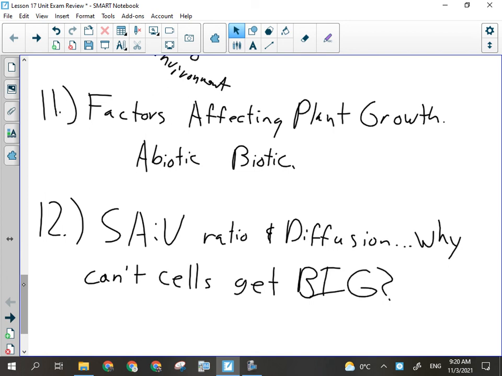How plants regulate water loss. Tropisms. I told you I'd have a picture of a plant and I'd explain the situation it was in and you would have to tell me what's going on there. Labeling and giving the function of cellular structure.